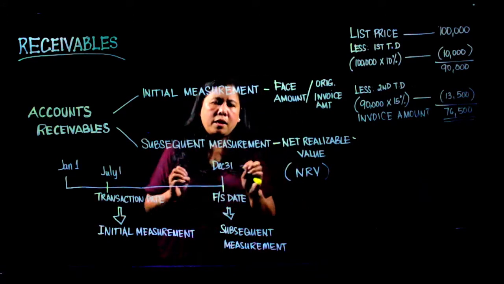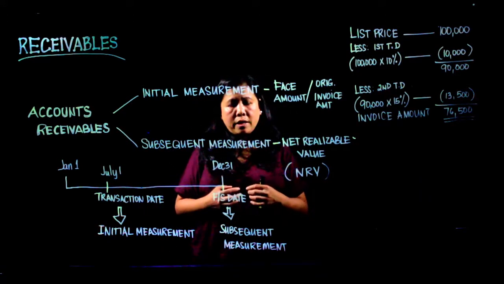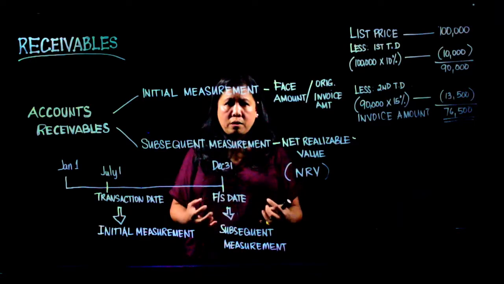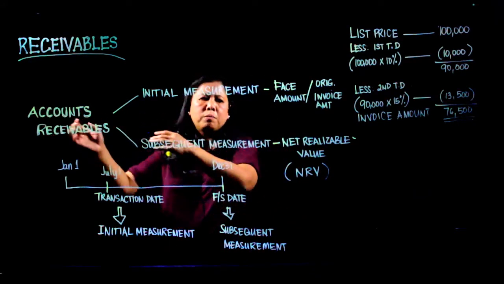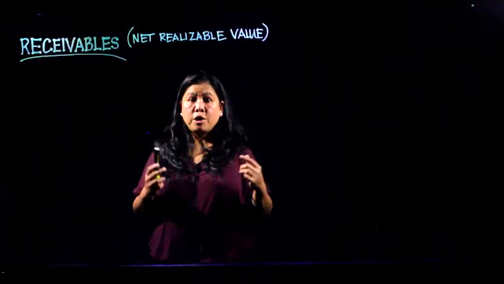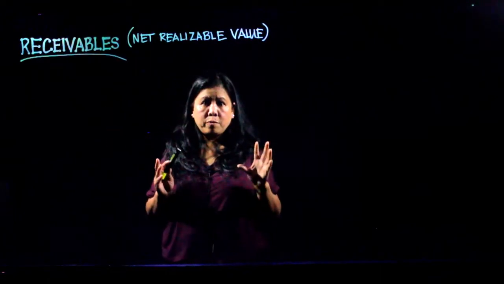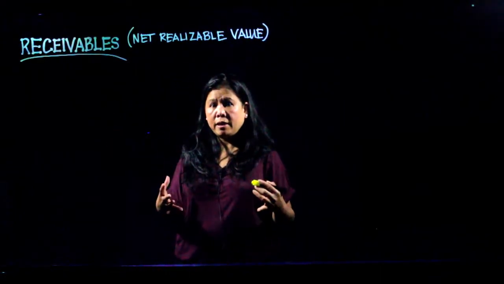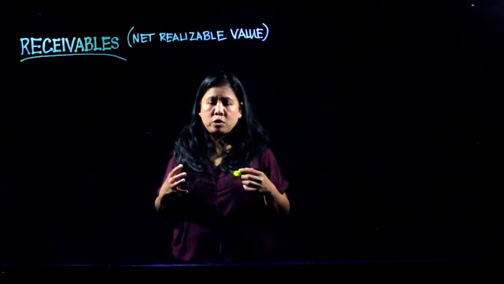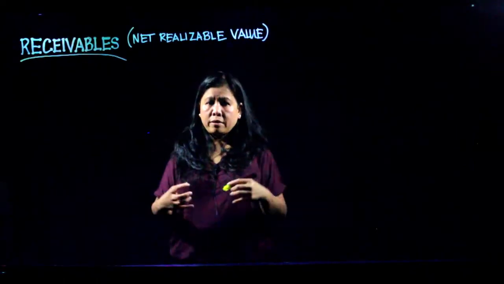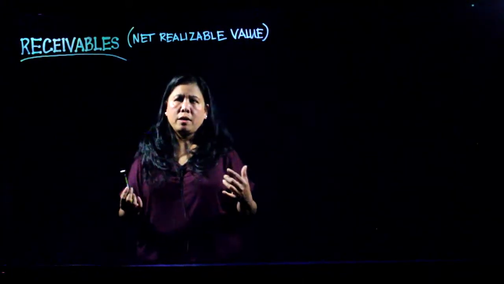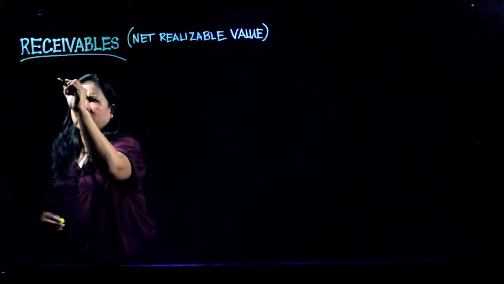Subsequent measurement is measured at net realizable value. Therefore, on the financial statement date, we measure our accounts receivable at net realizable value. All right. Now, let's talk about the net realizable value. When we say net, we are going to deduct some items from the gross amount to get the net amount.